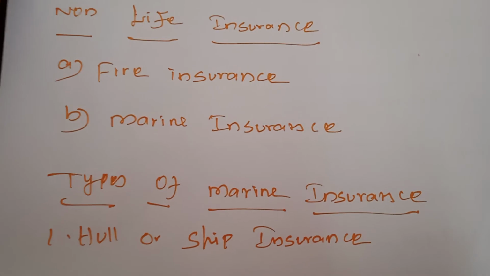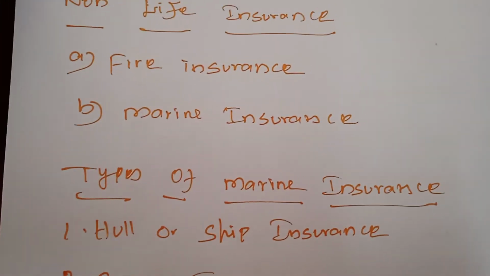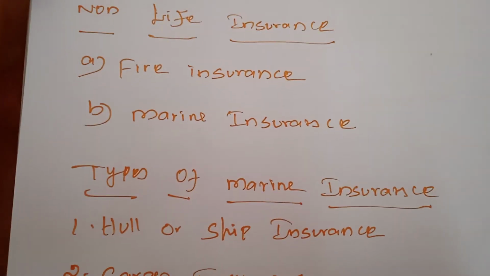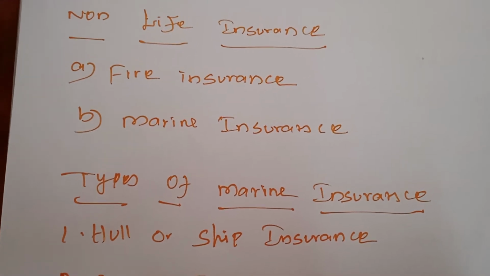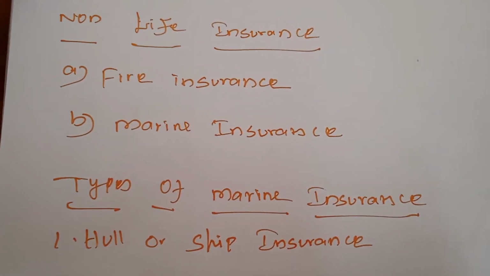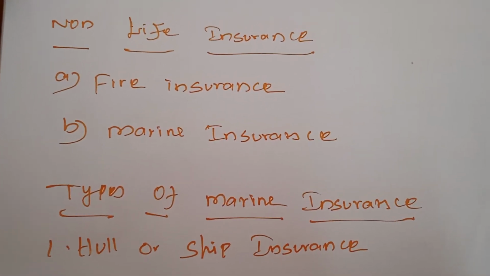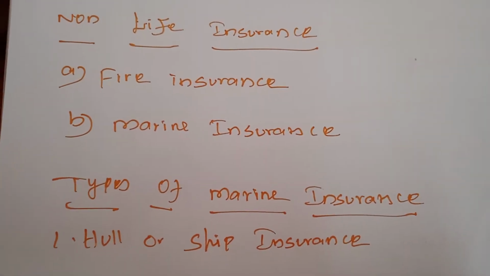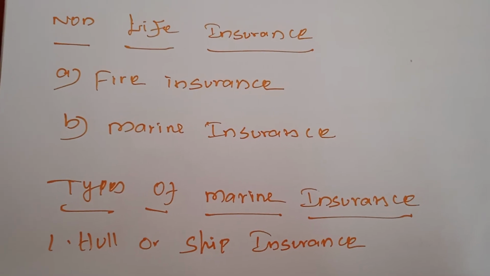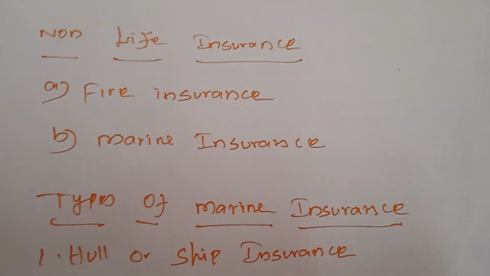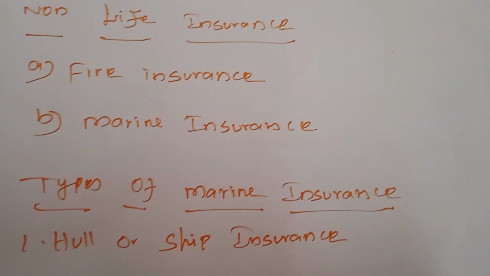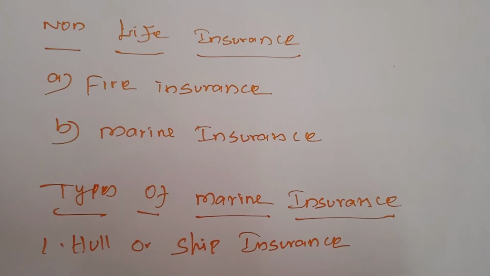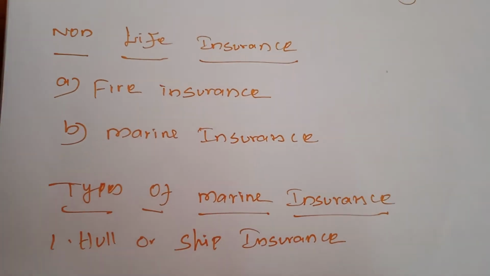Next, marine insurance. Marine insurance is a contract of insurance under which the insurer undertakes to indemnify the insured in the manner and to the extent agreed against marine losses. Many ships go into the sea and the marine owners are involved in different types of losses.